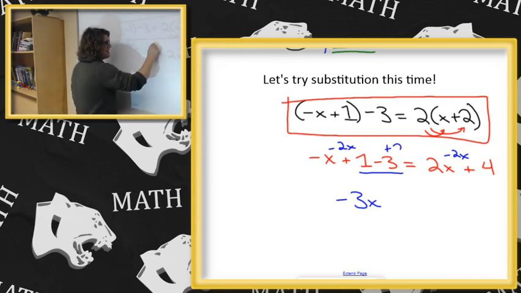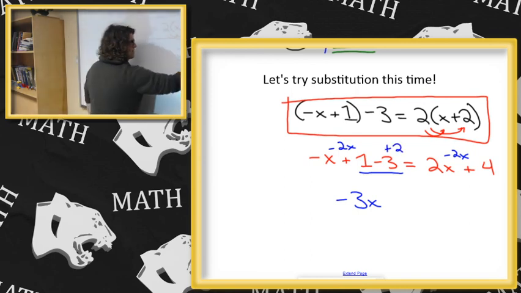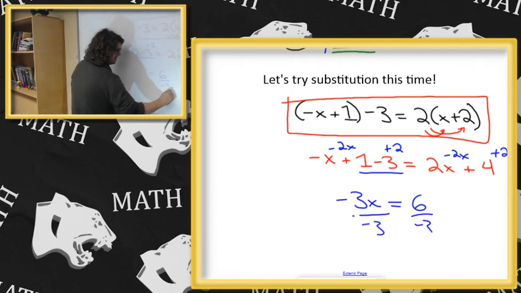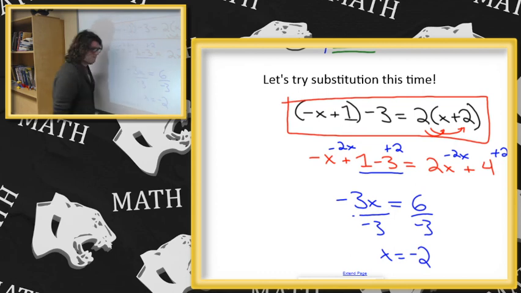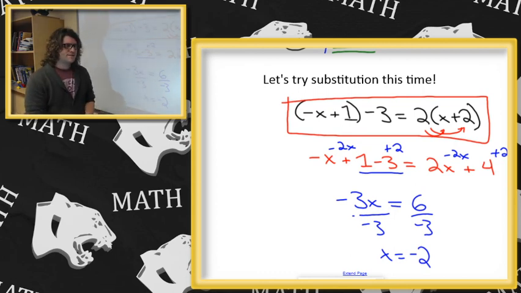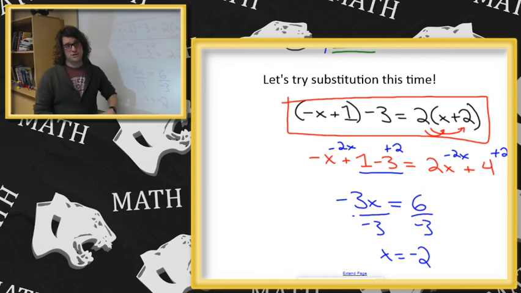So I'm going to add 2 to get rid of that, which means I add 2 to the other side as well. It's going to give me 6. Dividing both sides by negative 3, we're going to end up with x is equal to negative 2. So that is the x value that satisfies the second equation and the first equation at the same time.